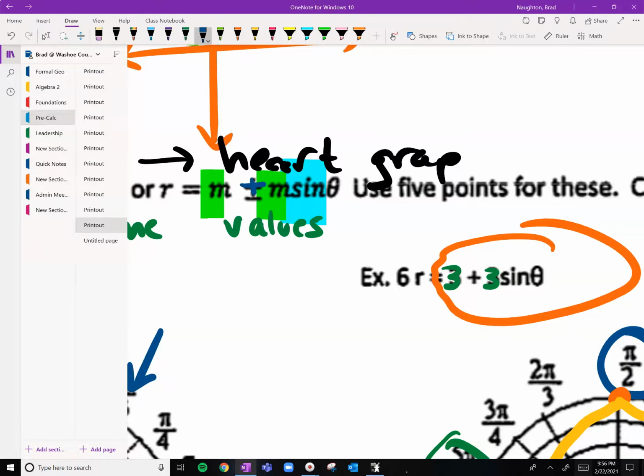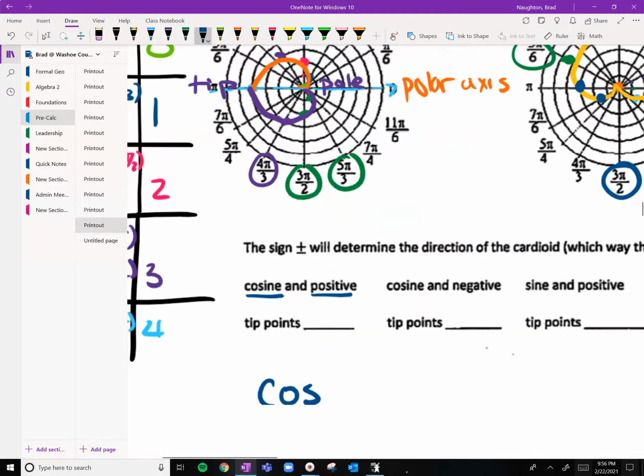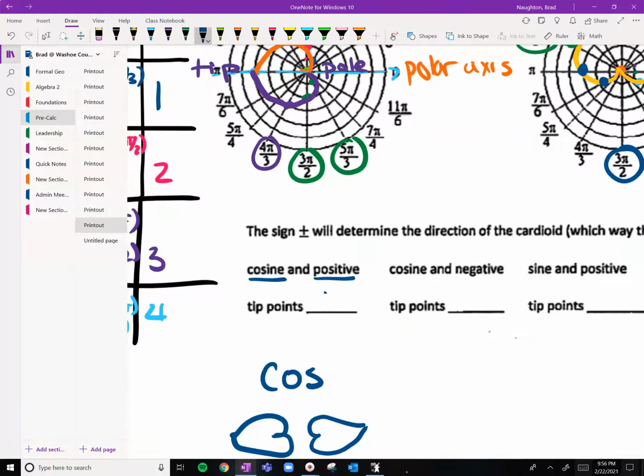So if this is a plus in between, then the tip is going to go to the right, always. And if it's negative, it's going to go to the left. So from here on out, you should be able to look at this and go, okay, it's negative, boom, that way. Oh, it's cosine and positive, boom, it's going that way.